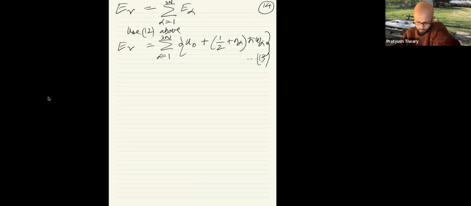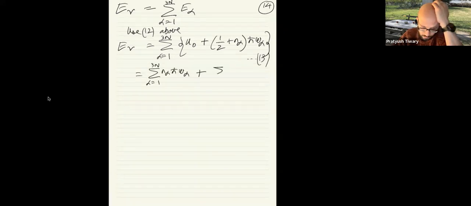And this can be written as the summation over α from 1 to 3N of n_α ħω_α, plus the summation of 1/2 multiplied by ħω_α over α from 1 to 3N.